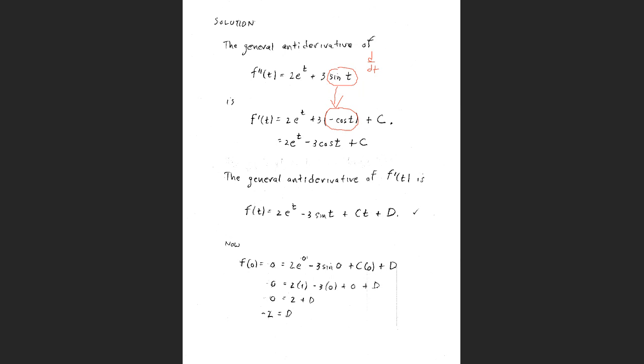We know that the derivative of the cosine of t is equal to minus the sine of t.